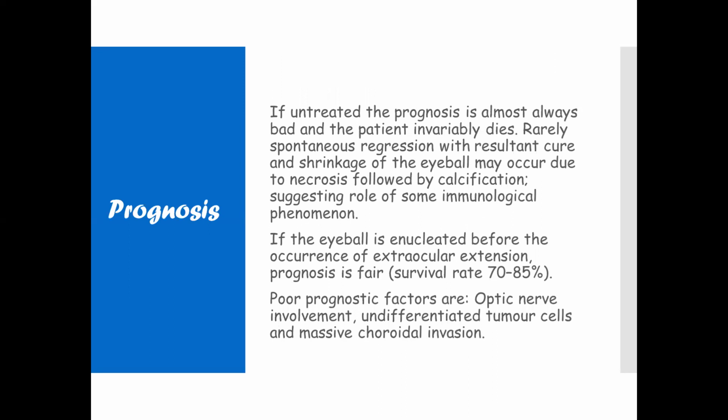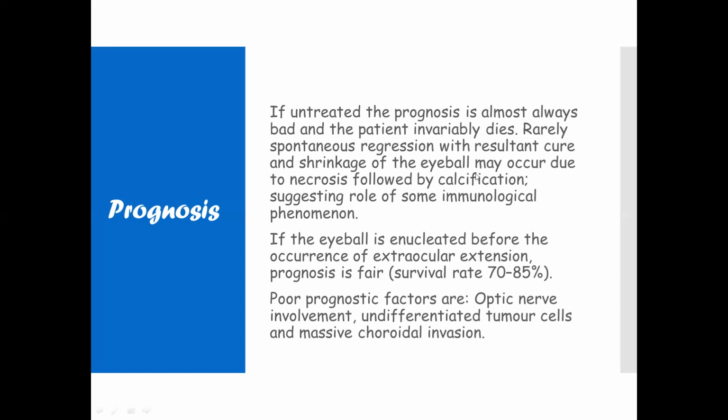Then, if the eyeball is enucleated before occurrence of extraocular extension, the prognosis is good, with a 70 to 85% survival rate. Then, poor prognostic factors are optic nerve involvement, undifferentiated tumor cells, and massive choroidal invasion.